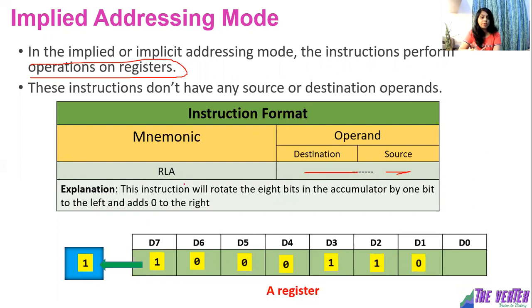That means the operand is a part of the instruction. You can take the example of RLA, rotate left accumulator, which means rotate the contents of the accumulator towards the left. It is an implied addressing mode instruction because operands are not available, and the accumulator, which is actually an operand, is a part of the instruction itself. Hence these types of instructions are known as implied or implicit addressing mode instructions.